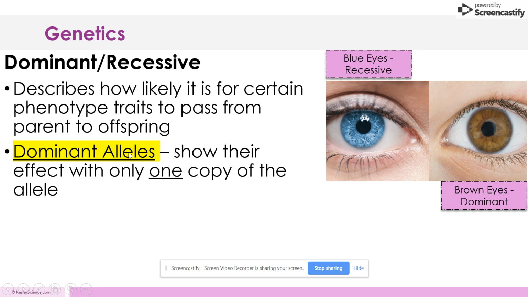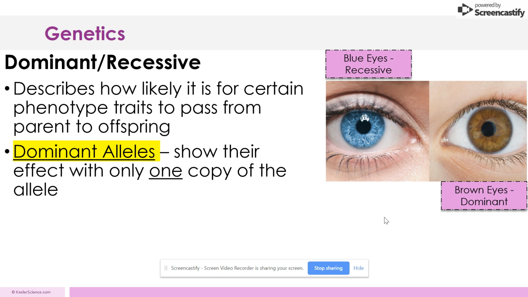Well, the definition of dominant allele says that we're going to see the dominant phenotype, which again is the appearance, with only one copy of that allele. So if we have one brown dominant allele and one blue recessive allele, what color eyes will their offspring most likely have?